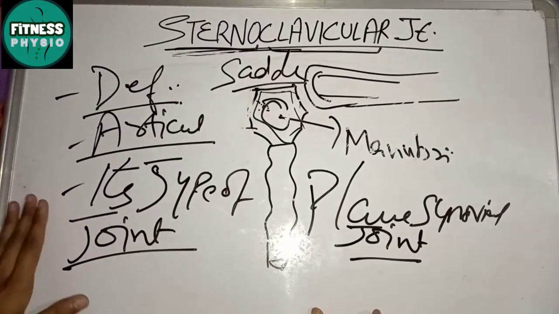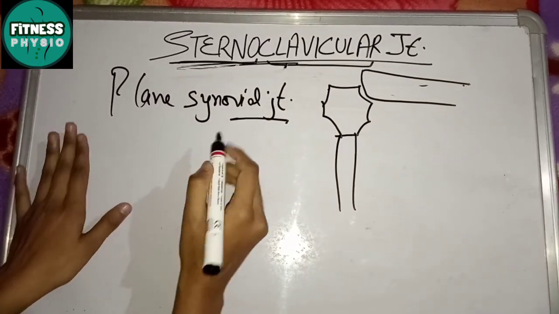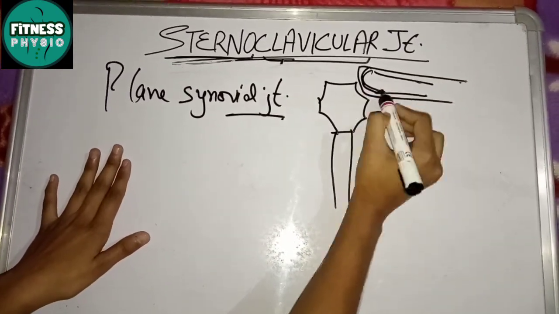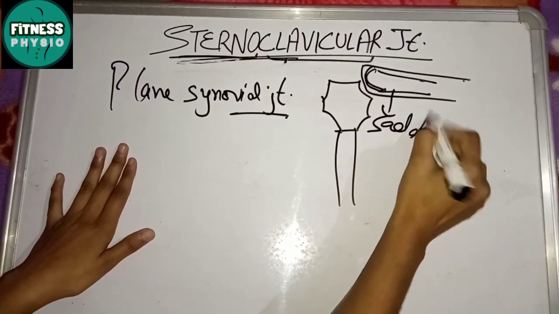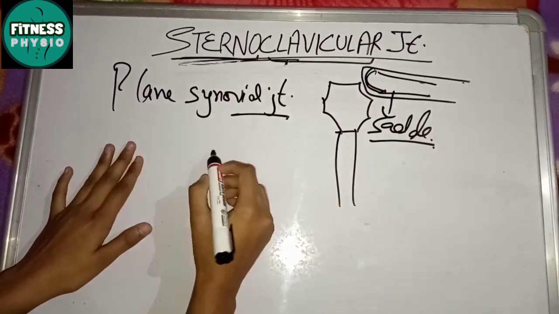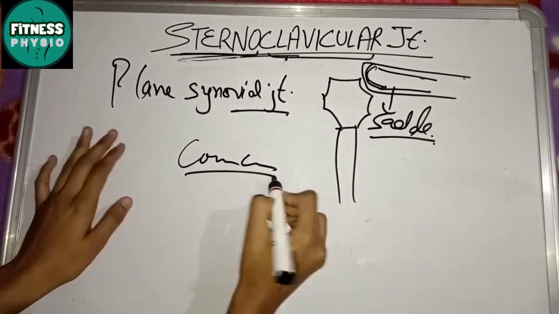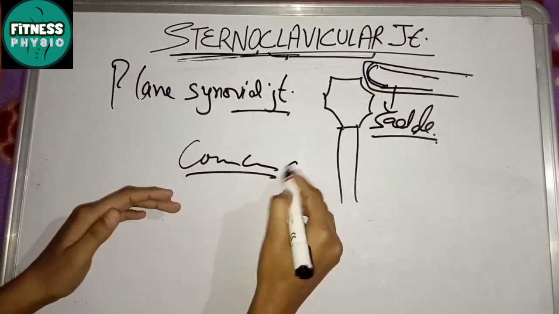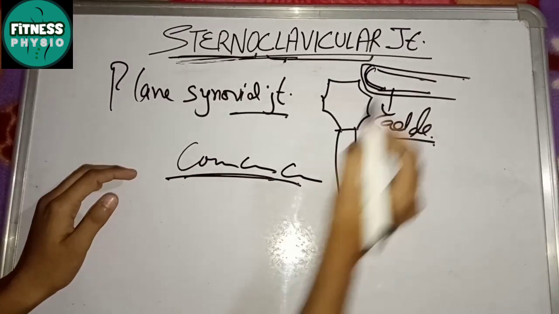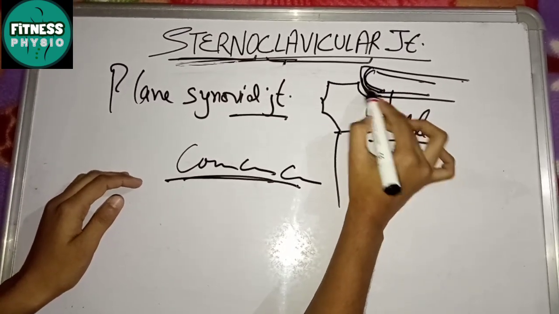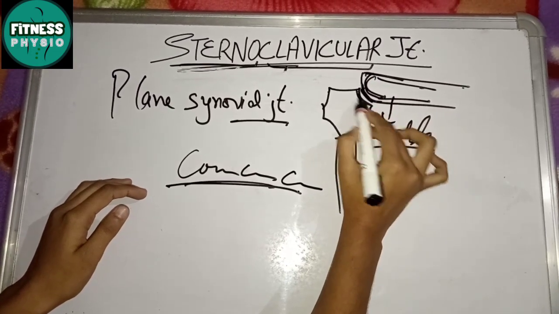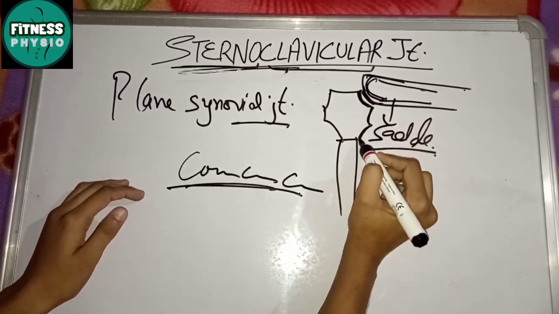So let's see. The articular surface of the clavicle is saddle shaped. It means it is concavo-convex, so half part of it is convex and half part of it is concave. But if you see this, only a small part of the clavicle is in articulation with the manubrium sterni.